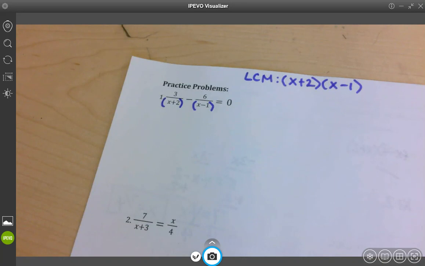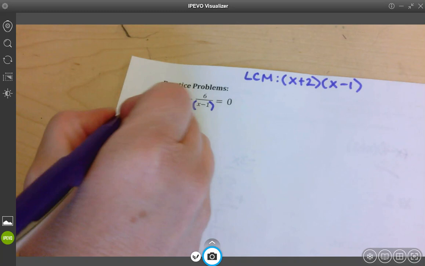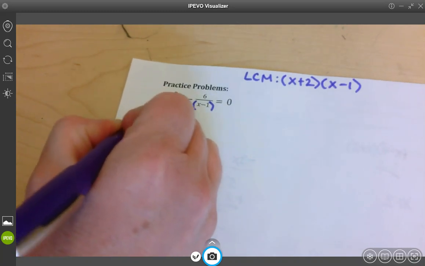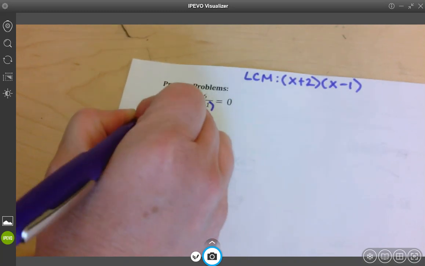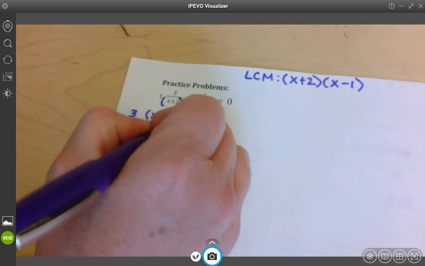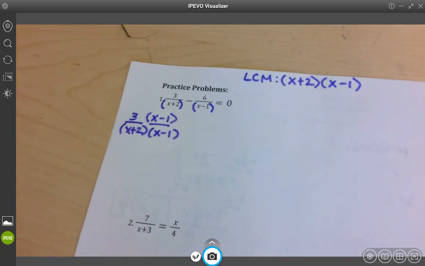Okay. The first fraction, it has the x plus 2, but what's it missing? Yes, it's missing x minus 1. So the first fraction is going to be multiplied by x minus 1 over x minus 1.